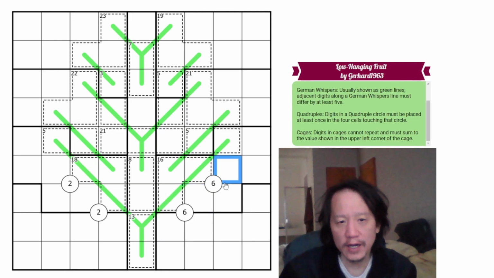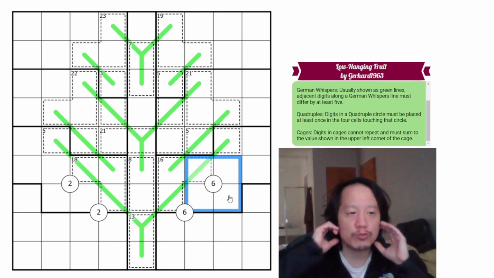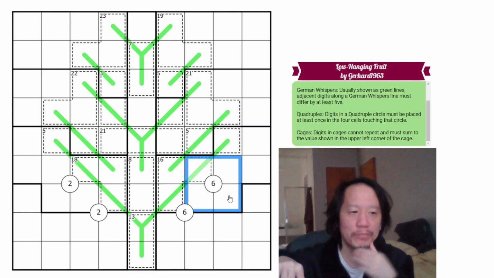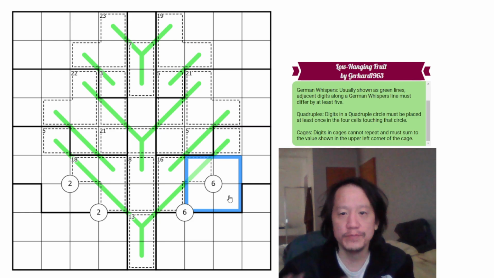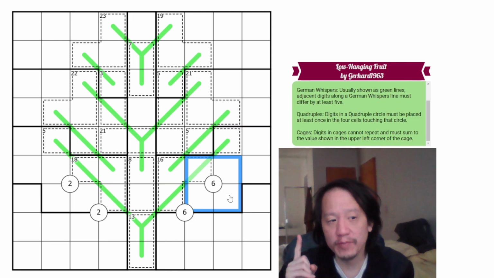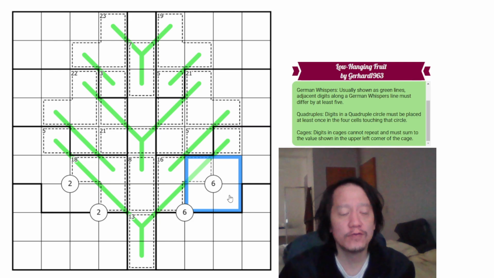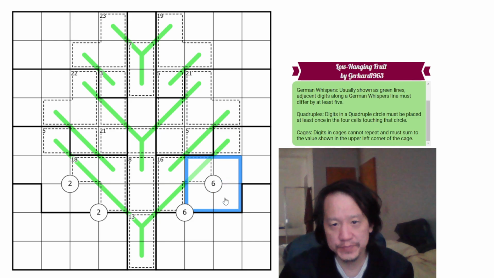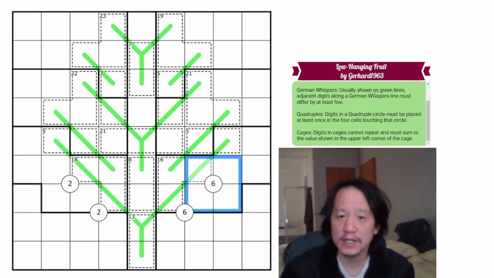But basically, for the quad puzzles, in the 4 cells surrounding the quad circle, one of them at least must have the numbers that are in that quad circle. And it could be multiple ones, so it does not have to be one and only one.